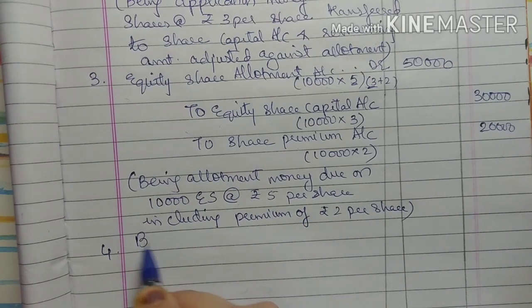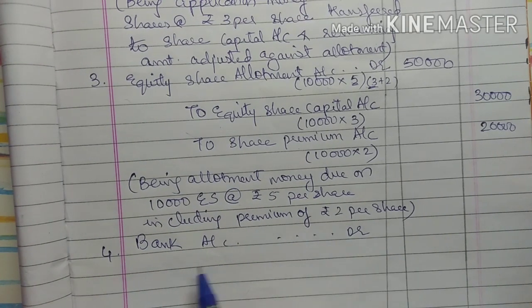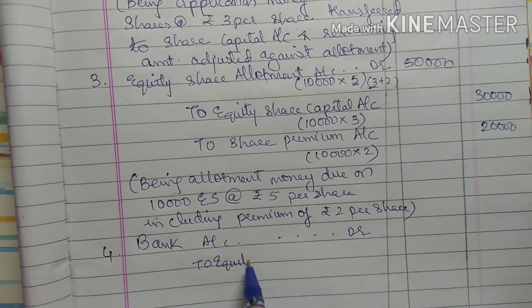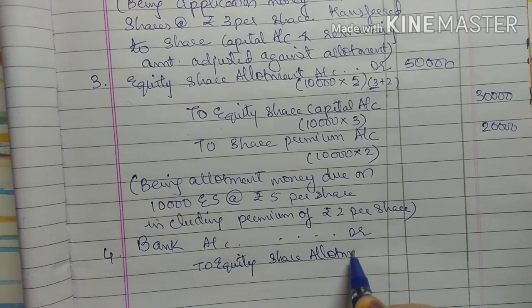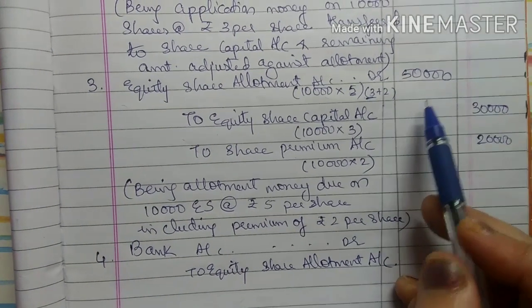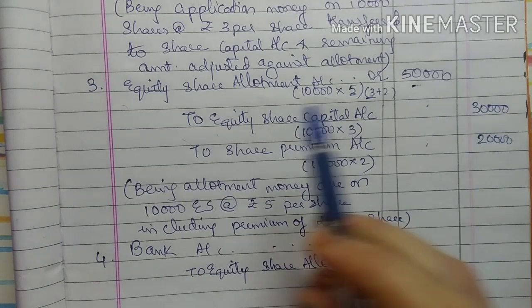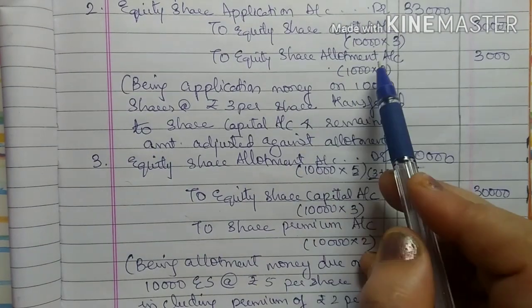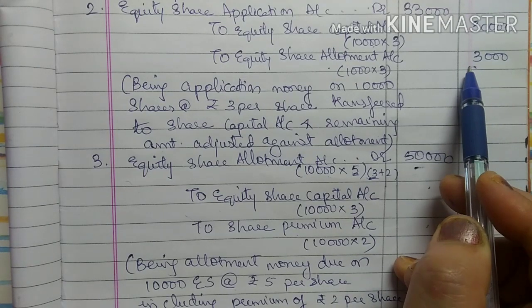So the entry will be bank account debit to equity share allotment account. Now see, allotment में आना कितना है? 50,000 including premium, right. But already application के टाइम हमारे पास एक्स्ट्रा 3,000 रुपये जो थे वो हमने अलॉटमेंट में ट्रांसफ़र कर दिए.